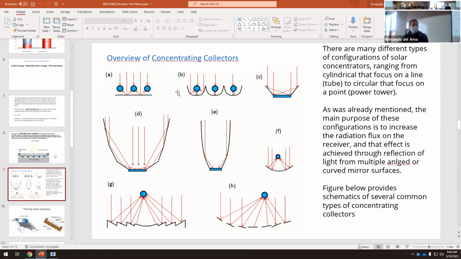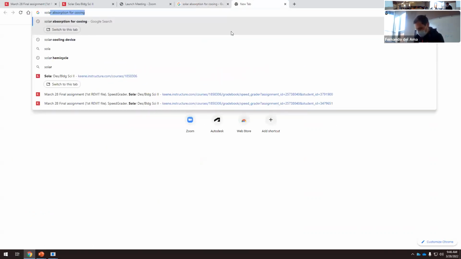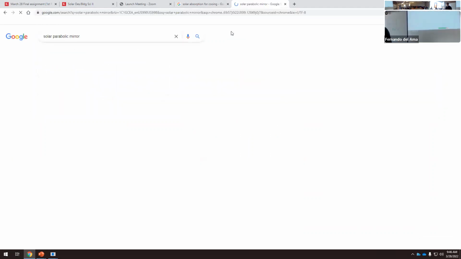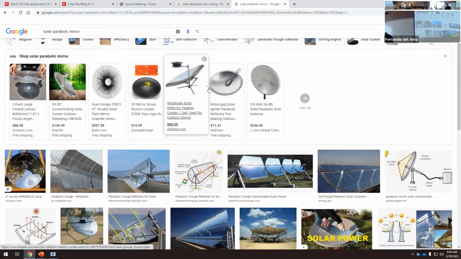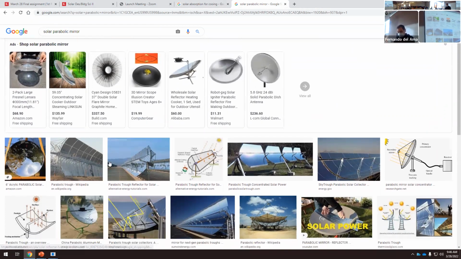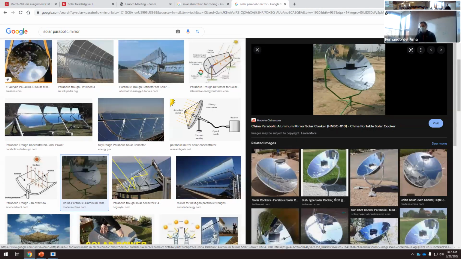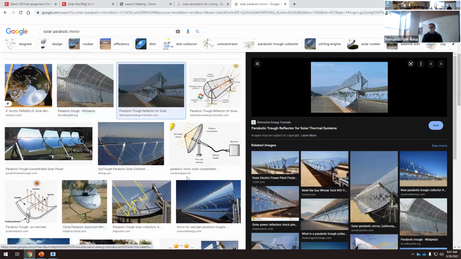Do we have this at home? We usually don't have these kind of devices at home. You can find devices like this to heat up water in residential buildings, but usually what we have are these kind of solar fields with these parabolic mirrors, and there is always a pipe.